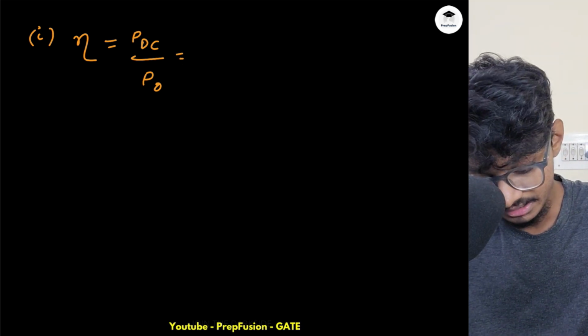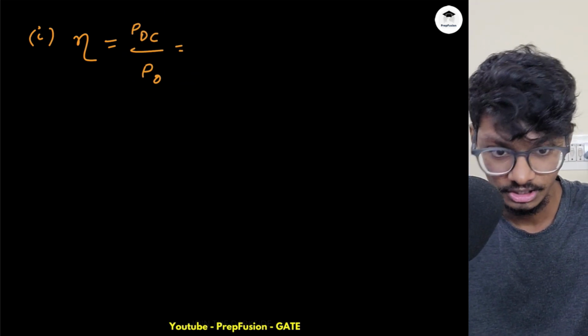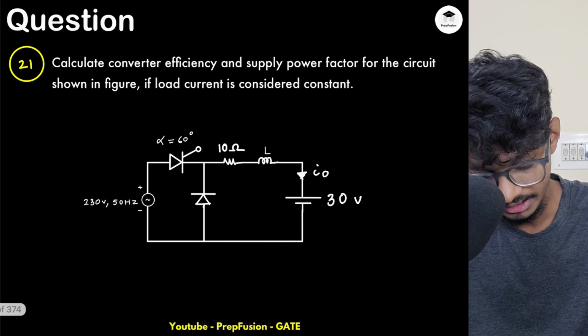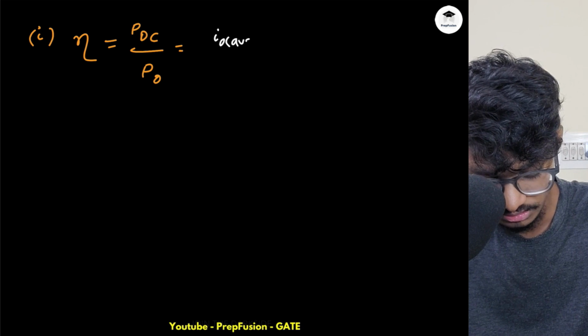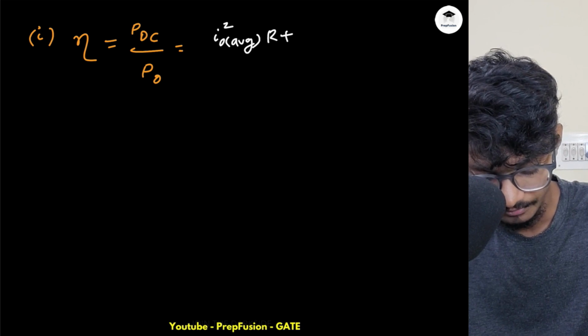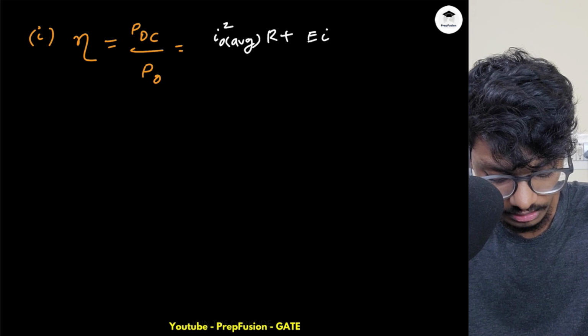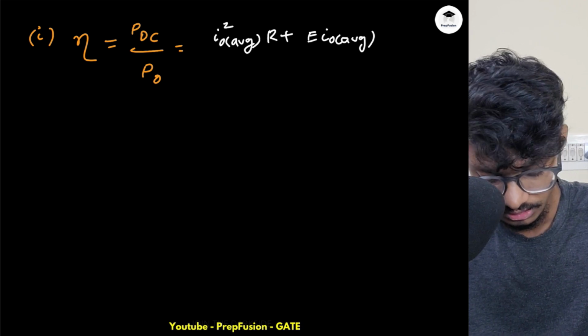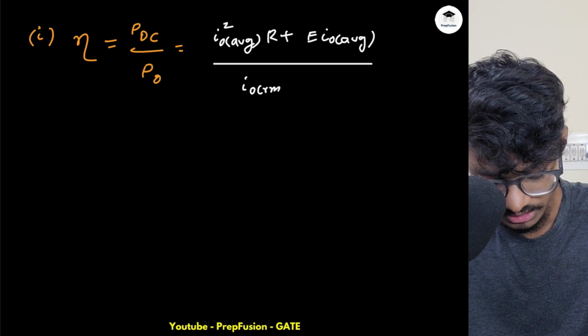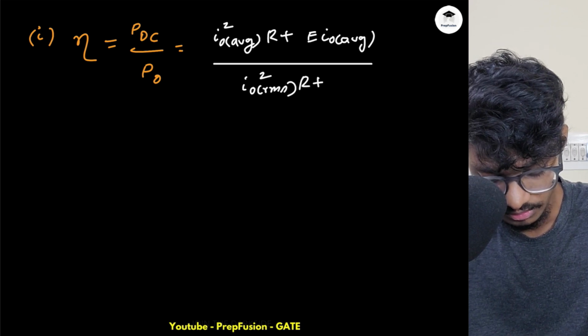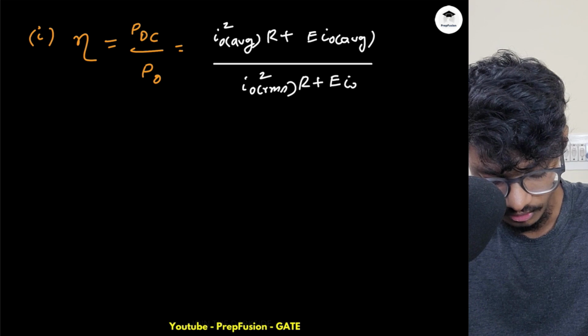Here they haven't mentioned the battery specifically, so I will directly write this. PDC equals IO average whole square into R plus E into IO average, divided by IO RMS whole square into R plus E into IO average.